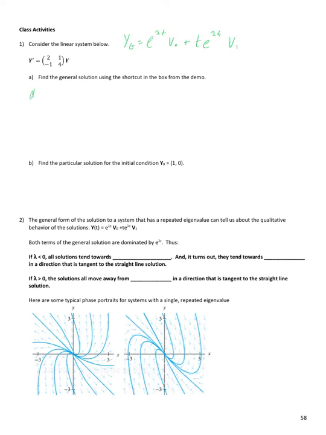Lambda I get by taking the determinant of A minus lambda I and setting it equal to 0. So this is the determinant of 2 minus lambda, 4 minus lambda, 1, negative 1.